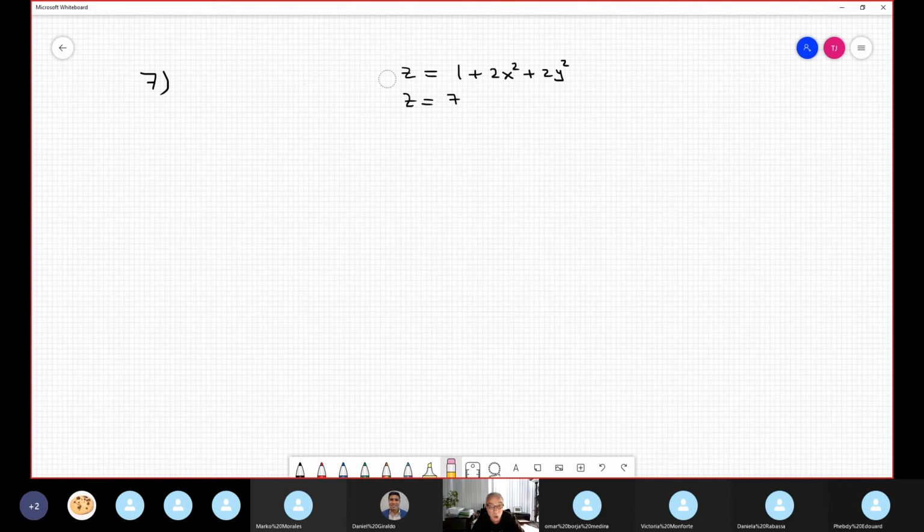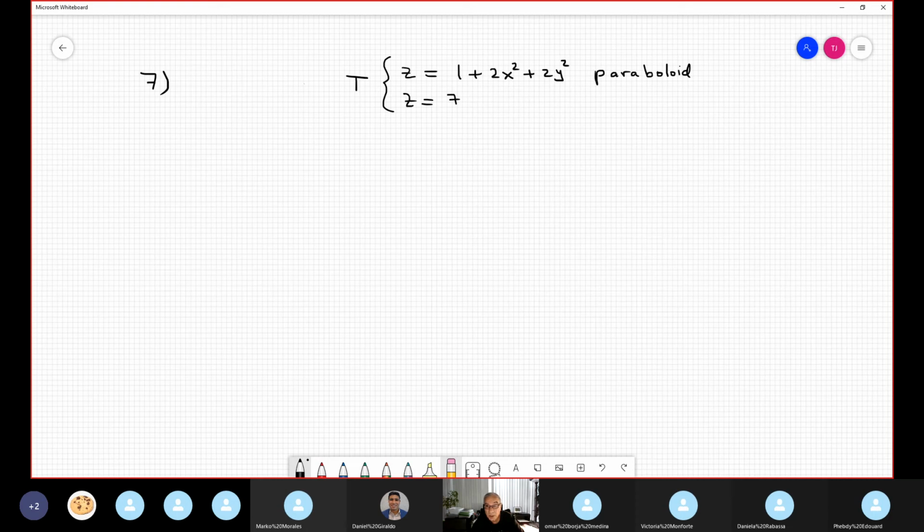This is a solid formed by two surfaces. So, the first surface is a paraboloid. Okay, by the way, how do you know?